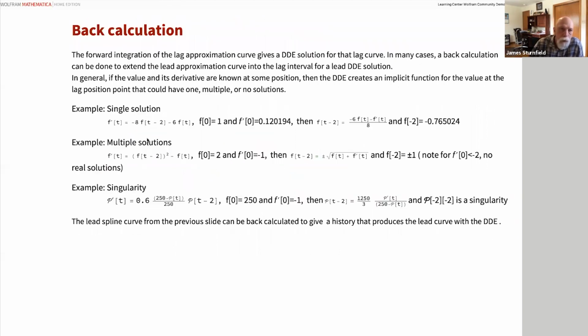I'm going to skip back calculations. That's another way we can refine our solution or approximation, but it has challenges because there's not always a single solution to the back calculation where we take the information of the derivative and the current value at a point and back calculate from the implicit function the value of the delay point.